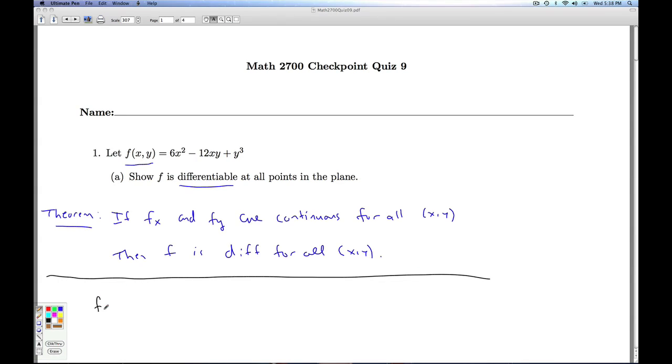So let's take fx. We treat y as a constant, take the derivative with respect to x. We're going to get 12x minus 12y. I take the partial derivative now with respect to y. I'm going to get negative 12x plus 3y squared.